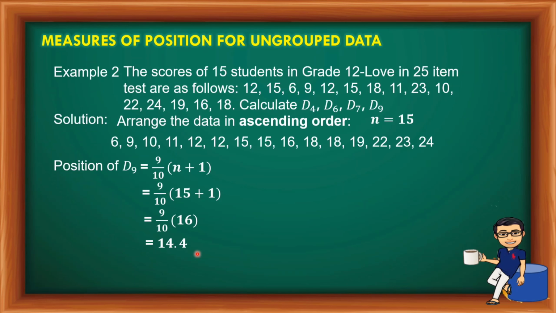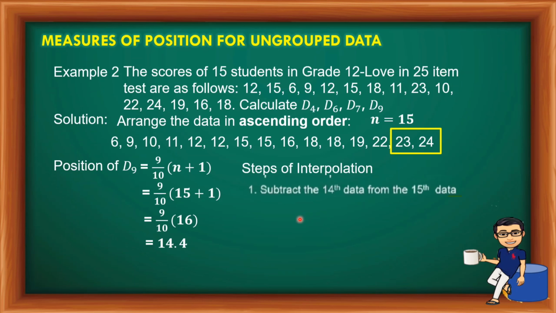So, yung pang-14 at pang-15 data. 1, 2, 3, 4, 5, 6, 7, 8, 9, 10, 11, 12, 13, 14, 15. So, ito ngayon yung ating magiging 14 and 15 data gamit ang linear interpolation. So, we need to work on with subtracting this one, 24 minus 23, and that will be equal to 1.